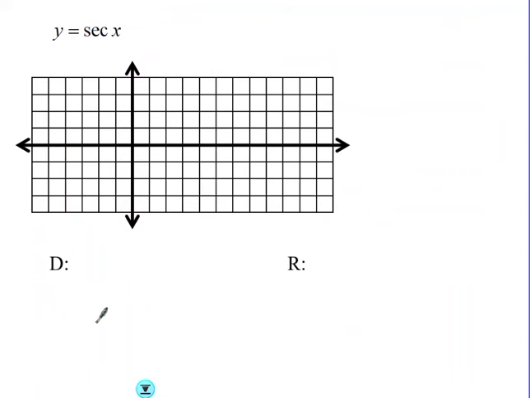Let's take a look at the graph of secant now. Secant is 1 over cosine. So let's make our chart.